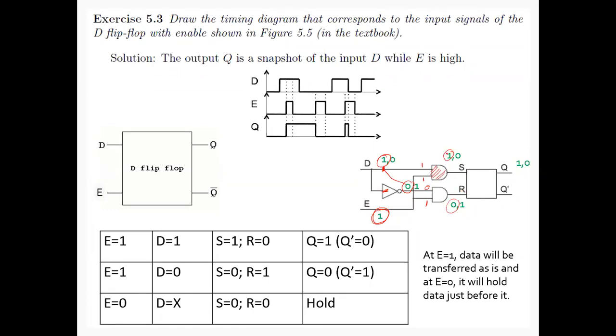What is that condition? Set, right? S equals 1 means your Q equals 1. Keep that in mind. S equals 1 gives you Q equals 1. So it means we are setting. S equals 1 means set is on. Set is on, you get 1 here. So that's the meaning. S equals 1, Q equals 1.